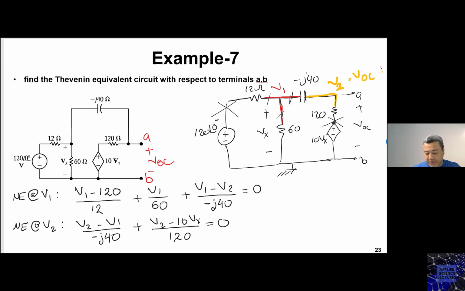Why? Because I don't know the current through those voltage sources, right? So this is not gonna help me.